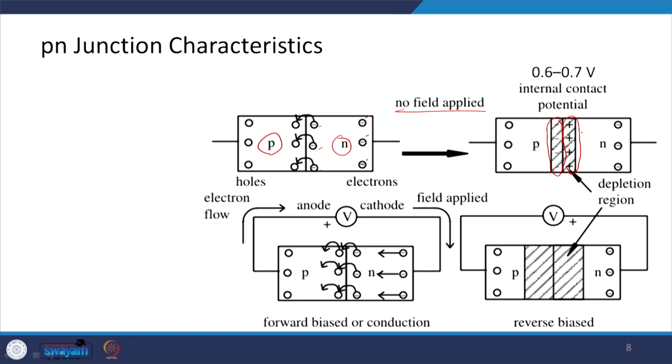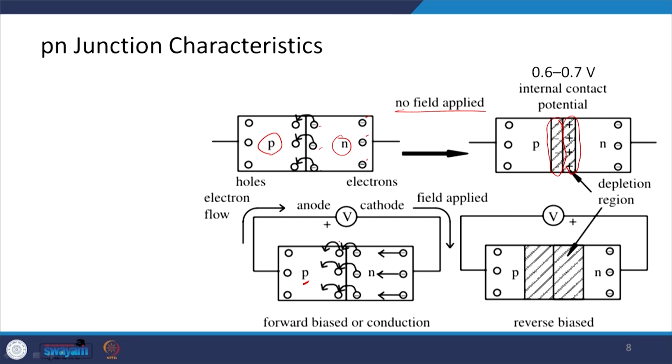Now, what happens if I apply a voltage across the two terminals of this p-n junction? Suppose I apply a voltage across the p-n junction so that the positive side of the source, or anode, is connected to the p type material, and similarly the cathode is connected to the n side. Then the negative side will be in contact with the n side here, so these charges will be repelled.